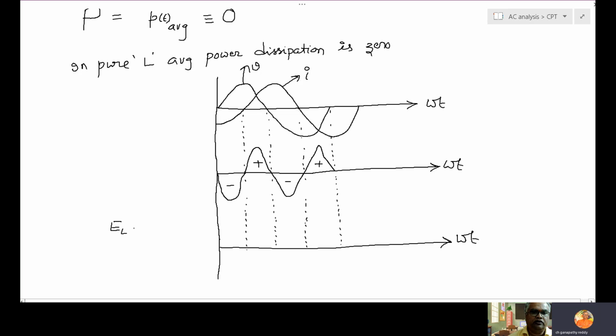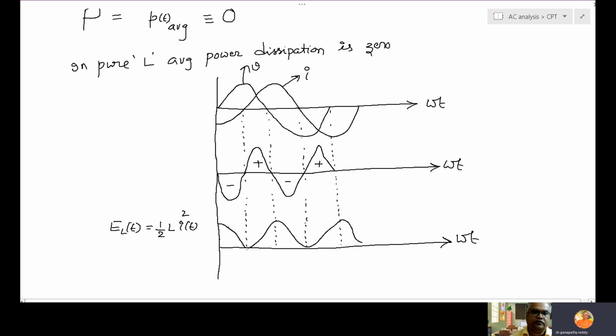Then energy E_L of t is half L I of t square. First, current started with negative maximum, so the square is positive maximum. It will start here, again come to 0, then go to positive maximum, again come to 0, again go like this.